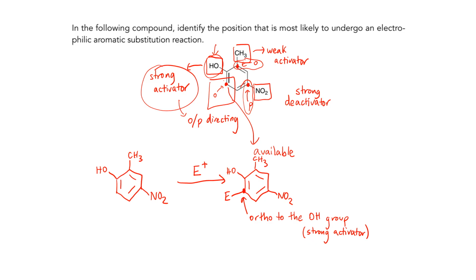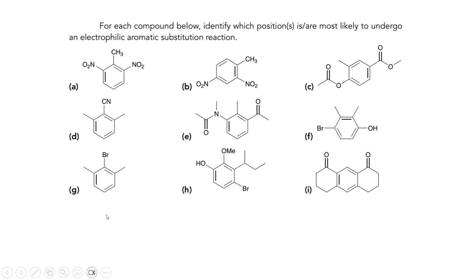And we saw that that particular position right over here was available. Okay? So I have some practice problems related to this, so you guys should give this a shot. Posted this on a problem set, and an answer key will be available. So give these a shot and ask yourselves which positions are most likely going to undergo EAS. Okay?